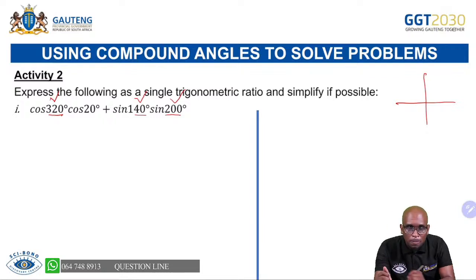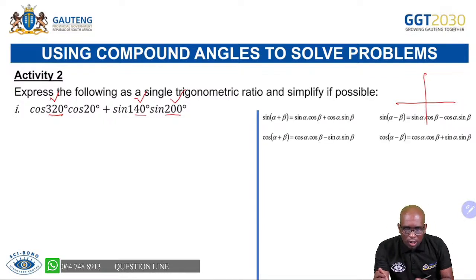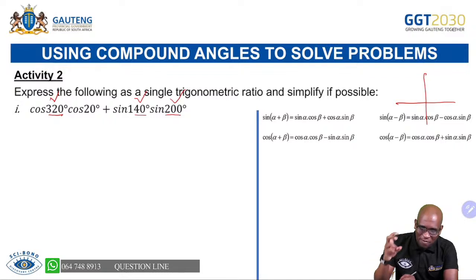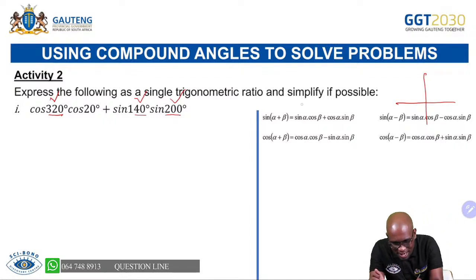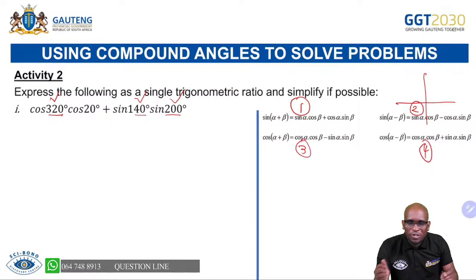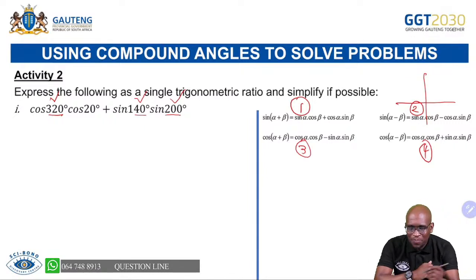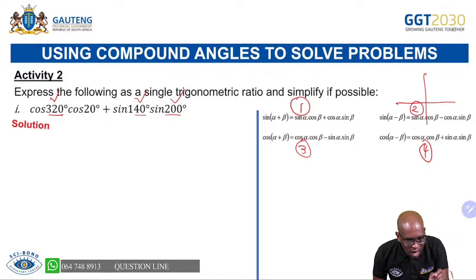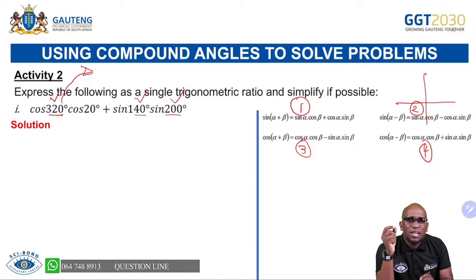Now, let's go through it. Obviously, the frame of reference are those four formulas there: number 1, number 2, number 3, number 4. First things first, we are going to reduce 320.